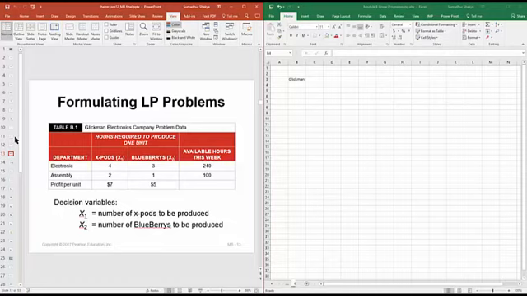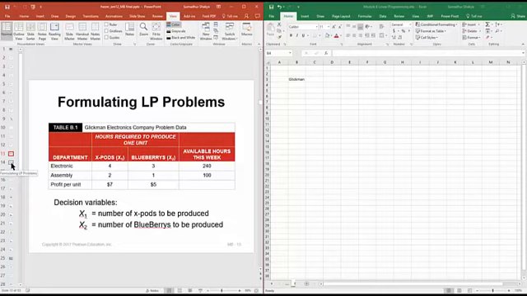If they make only Xpods, they make a certain amount of profit. If they make only Blueberries, they make a certain amount of profit. And if they make a combination of both products, they make a certain profit. But the idea is to maximize that profit while taking into account the limitations that exist.